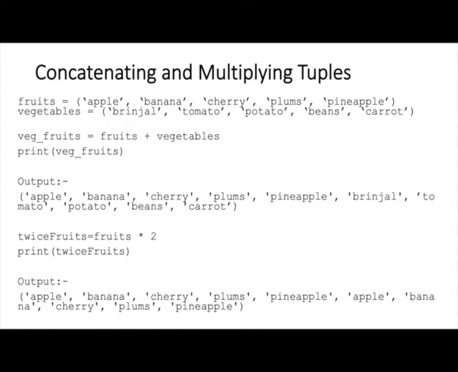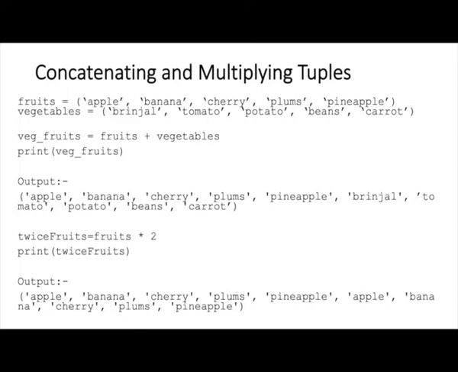So, I say veg_fruits is equal to fruits plus vegetables. So, I actually symbolically add the fruits tuple to the vegetables tuple, that results in concatenation, and I print veg_fruits, a new tuple that is formed out of this addition or concatenation.